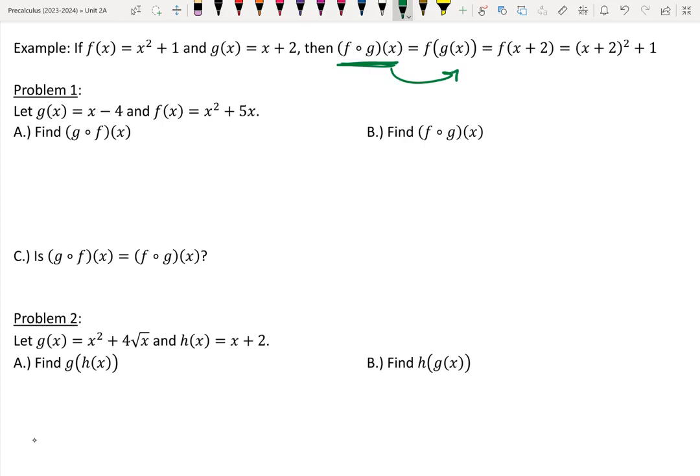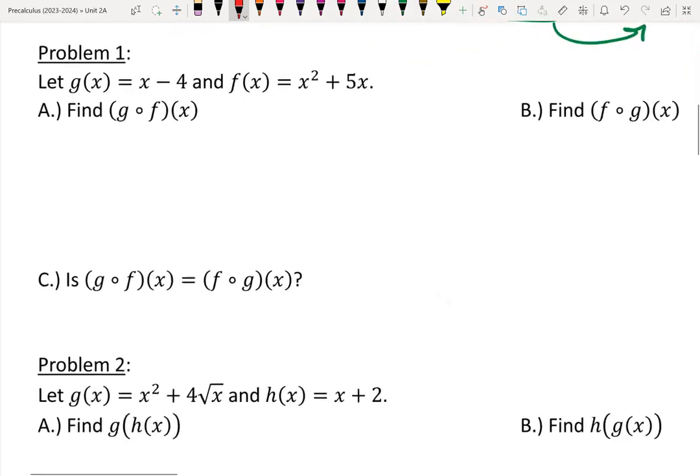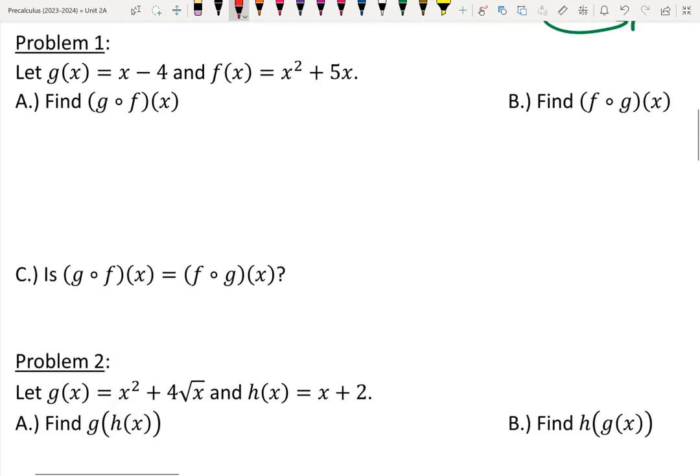But f of g, so that'd be f of x plus 2. So then x plus 2 just gets replaced into x. That used to be x squared plus 1, but instead of x squared plus 1, we now have x plus 2 squared plus 1.